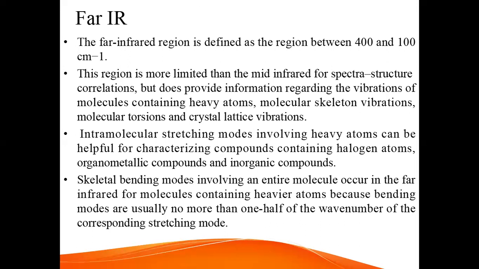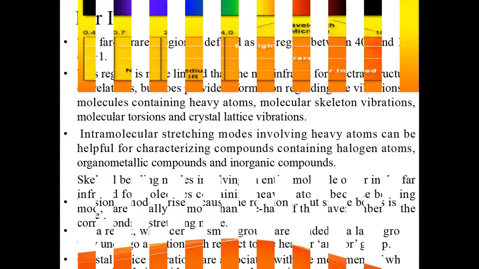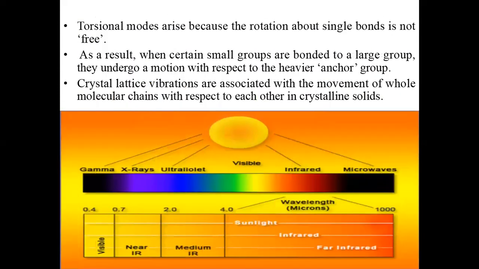Skeletal bending modes involving an entire molecule occur in the far infrared for molecules containing heavier atoms because bending modes are usually no more than one half of the wave number of the corresponding stretching mode. Torsional modes arise because the rotation about single bonds is not free.